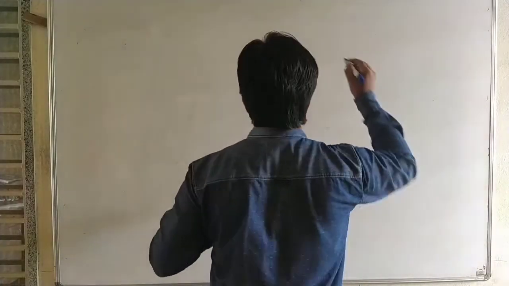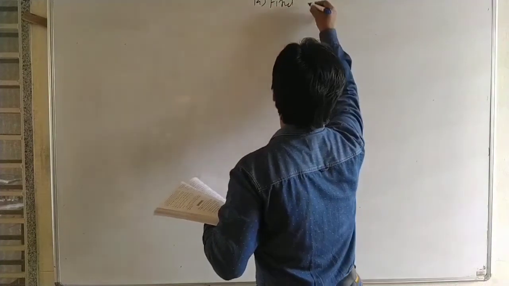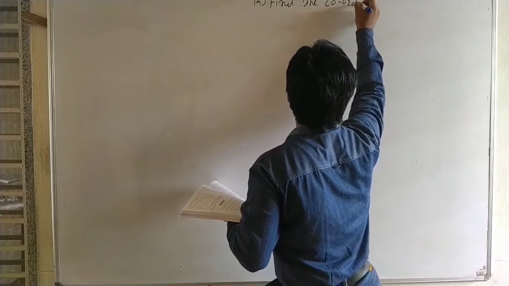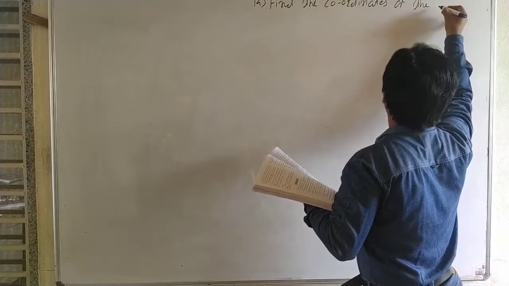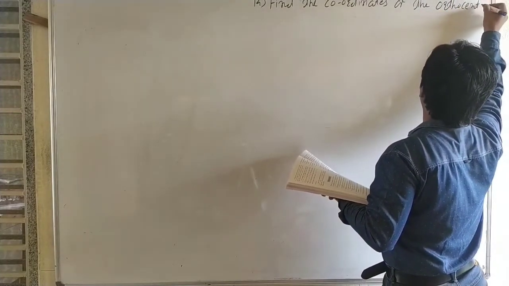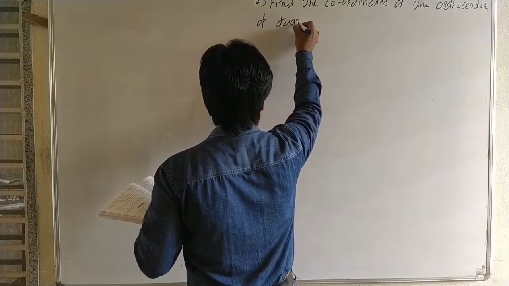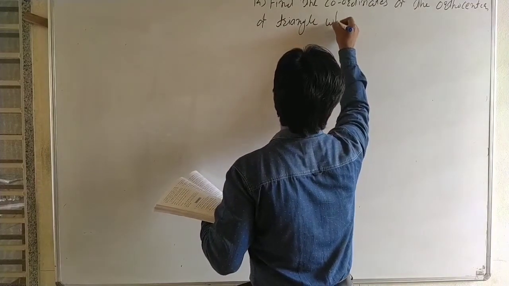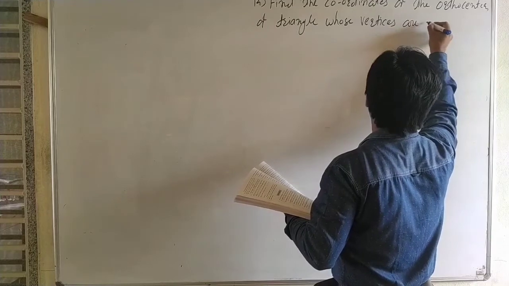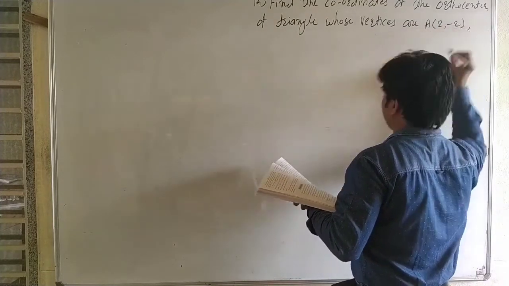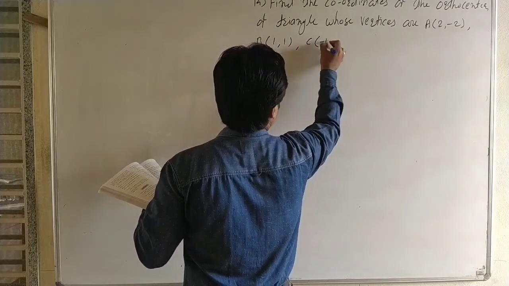Now, next example. Find the coordinates of the orthocenter of the triangle whose vertices are A(2, -2), B(1, 1) and C(-1, 0).